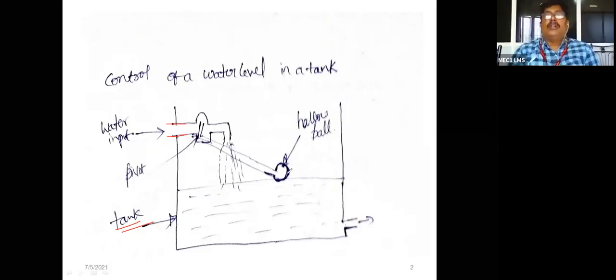When the water falls into the tank, the level in the tank rises. Once the level in the tank rises, automatically this hollow ball also rises. Once it rises, automatically the flow line of water will be shut off.